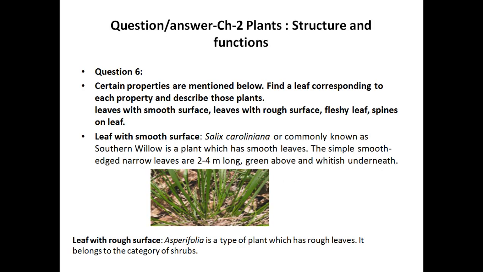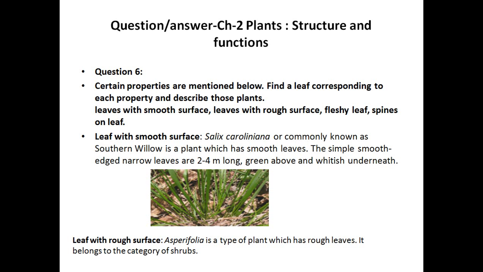Now, question number 6. Certain properties are mentioned below. Find a leaf corresponding to each property and describe those plants. Leaves with a smooth surface, leaves with a rough surface, fleshy leaf, spines on leaf.